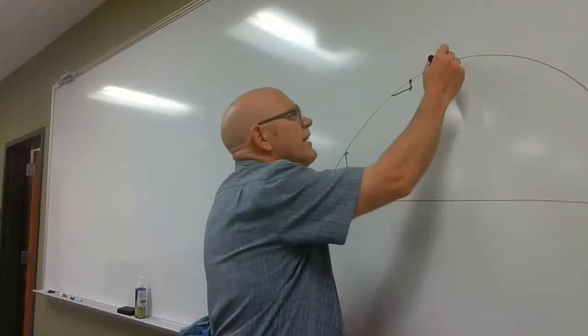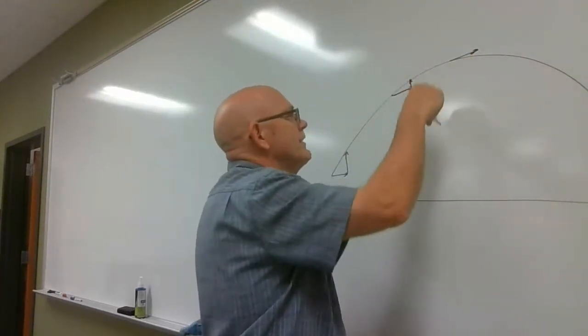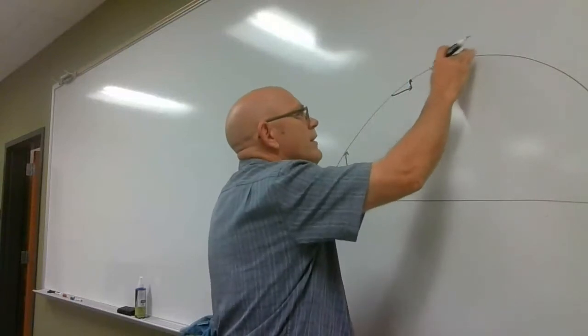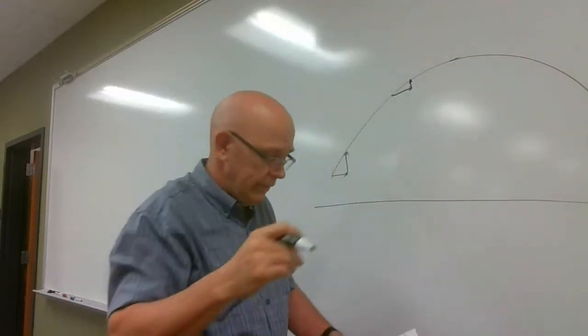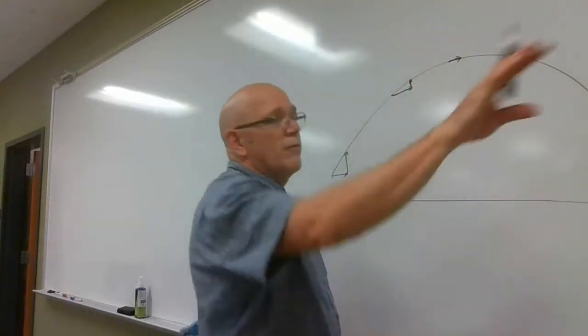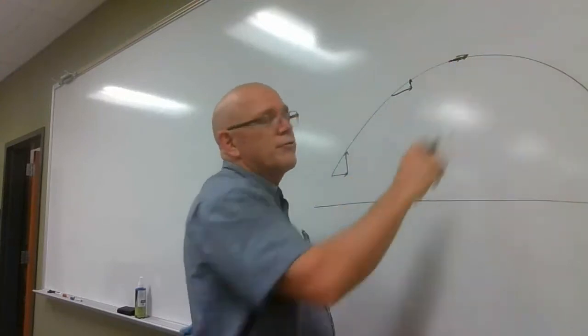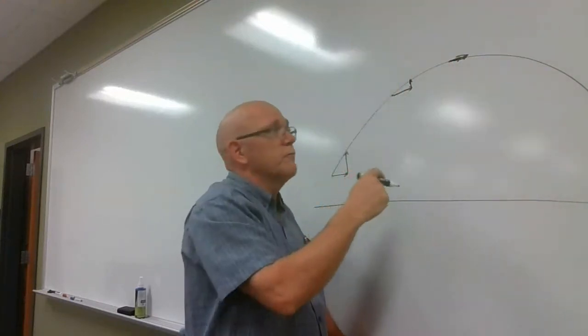So it's getting less and less. And finally, here at the top, it just has forward, but it doesn't have any going up at all. It's at zero at that point. So we would draw it going straight forward, the same amount, with no up or down component.